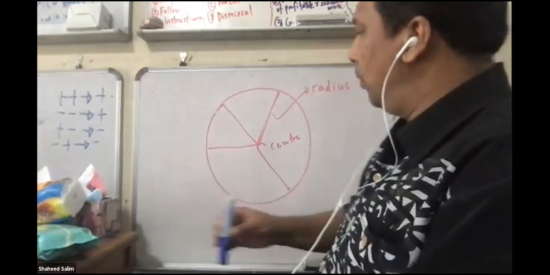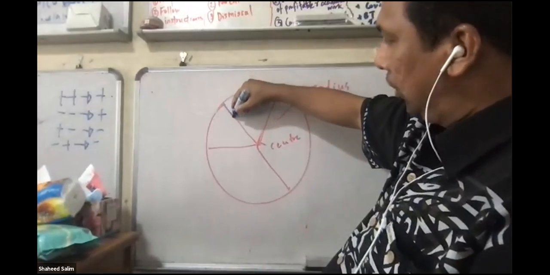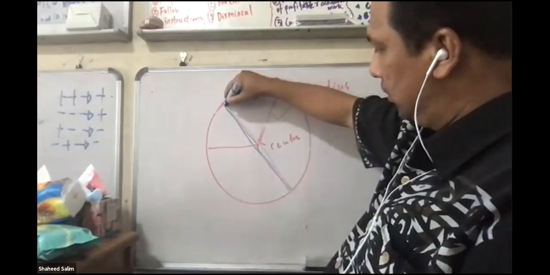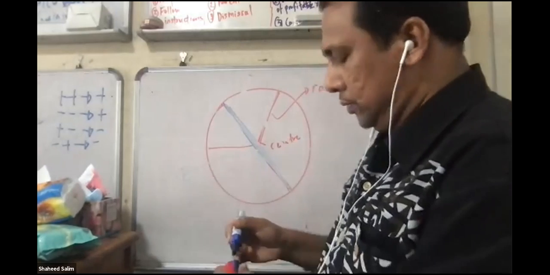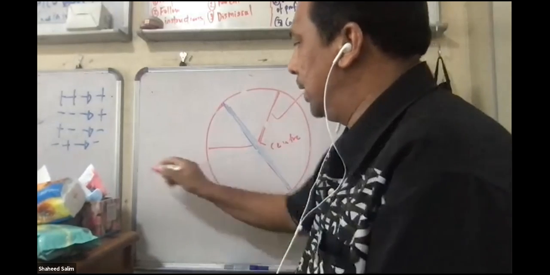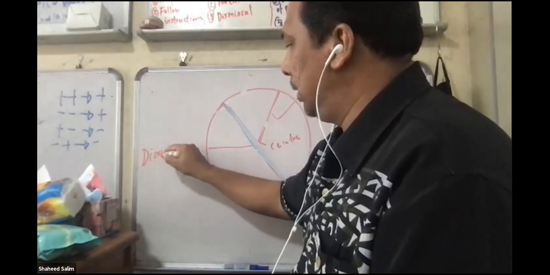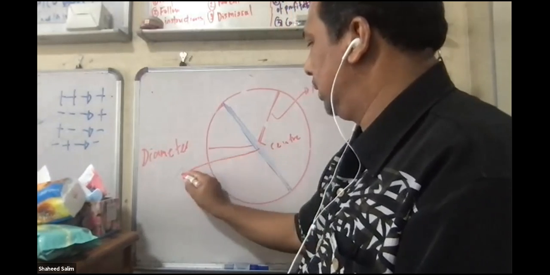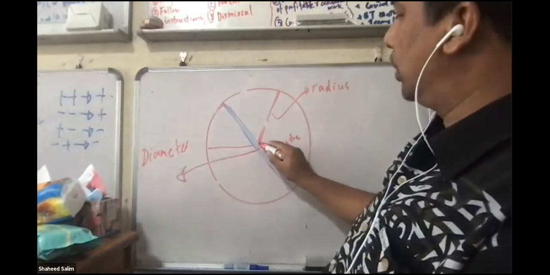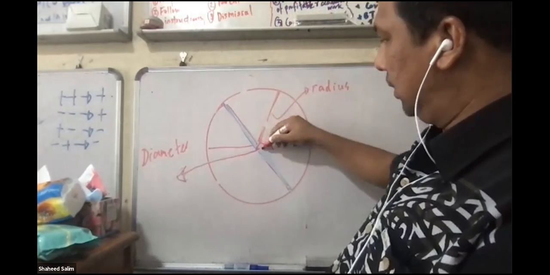If you have one straight line cutting through the center, this is called a diameter. I just label diameter. It is made up of two radii, 1 and 2.